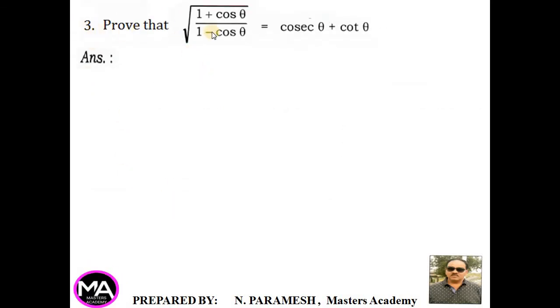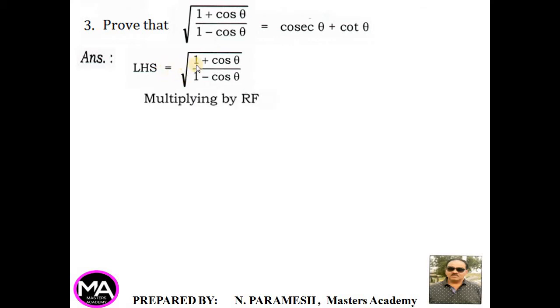Prove that square root of 1 plus cos theta divided by 1 minus cos theta is equal to cosecant theta plus cot theta. Answer. LHS, left hand side, is equal to root of 1 plus cos theta divided by 1 minus cos theta, multiplying by the rationalizing factor.